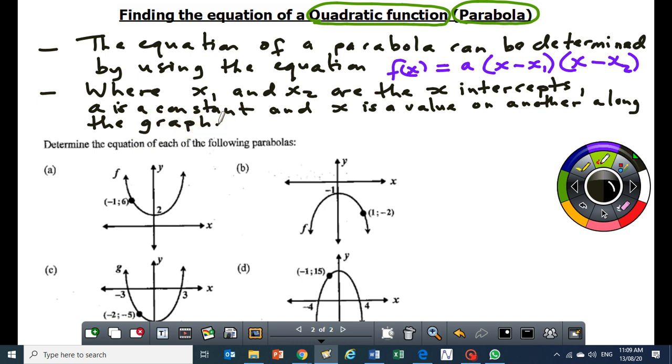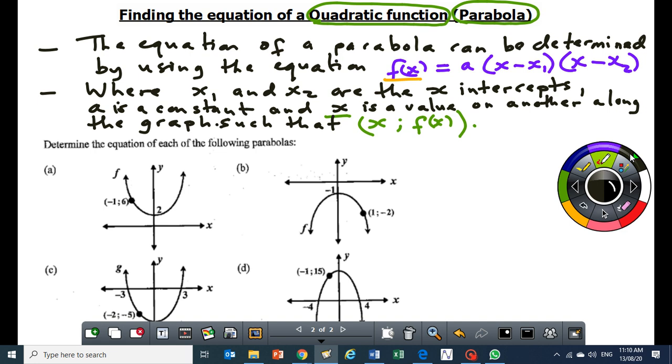Okay? Now this x has got a corresponding y value. So that corresponding y value is going to be equal to f of x. So here I can add and say such that where we have got x, our y value will be f of x, like that.